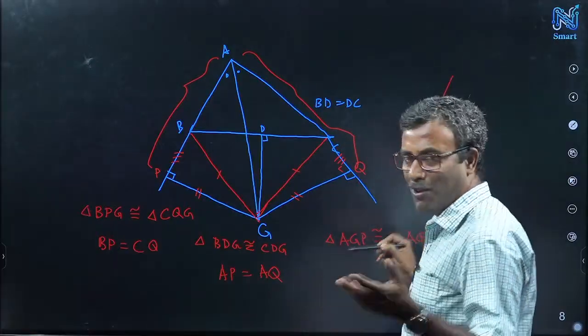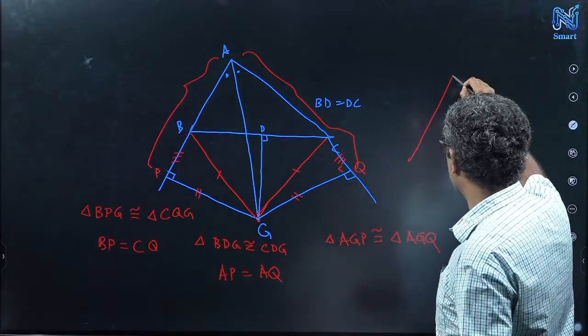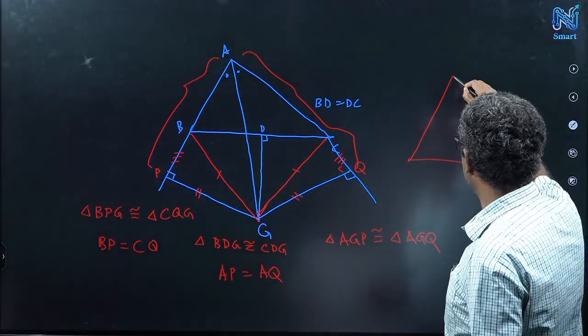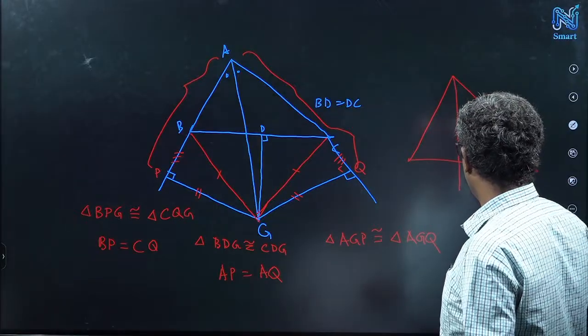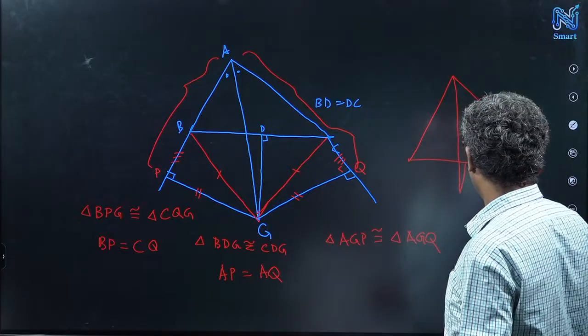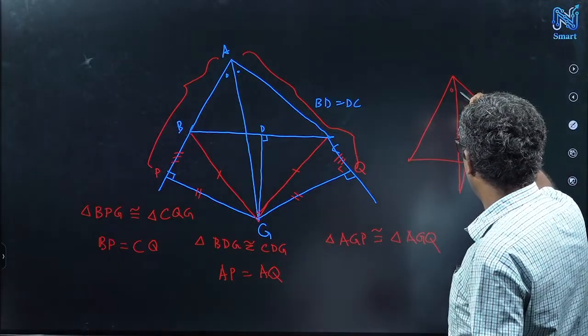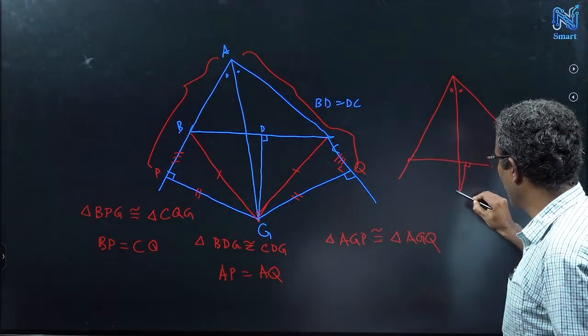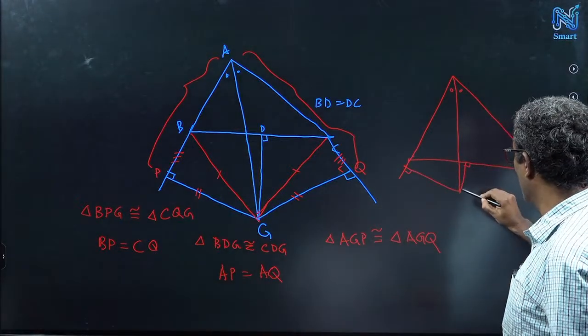The actual figure you can draw using a compass. You have to draw perfectly using a compass, right? And you will see that one perpendicular will be outside the side and one will be inside.